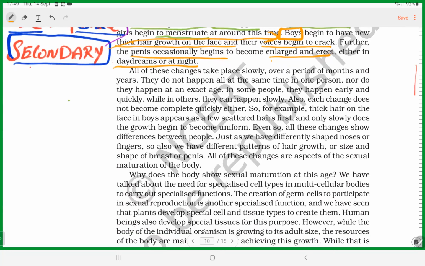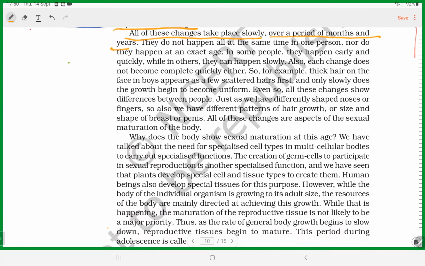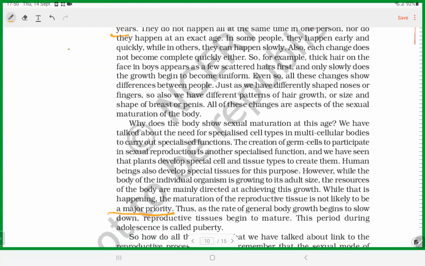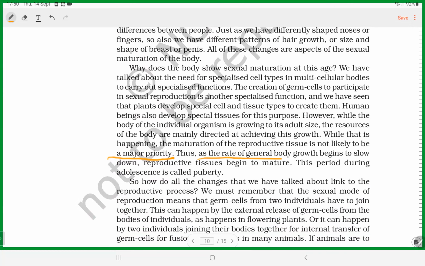Okay, fine. And they do not occur all of a sudden. All these changes take place slowly over a period of months and years. And so, what is puberty? As the rate of general body growth begins to slow down, reproductive tissues begin to mature.